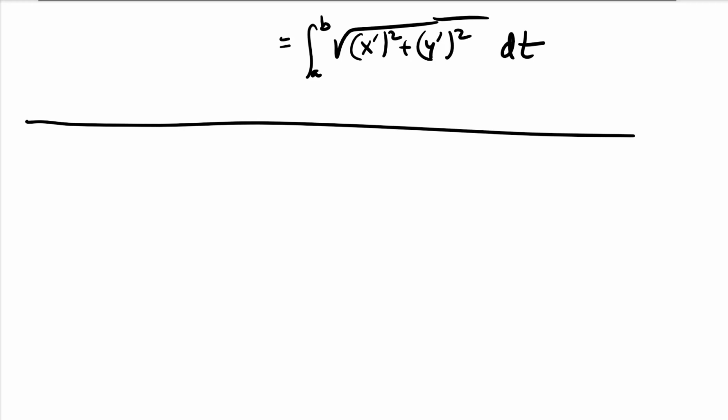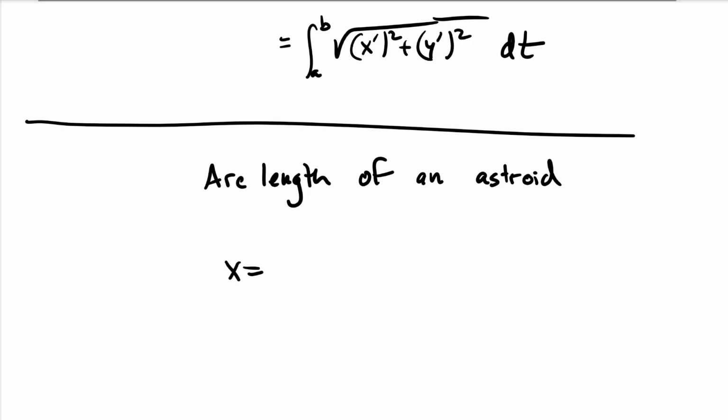Okay, let's do an example problem. Let's talk about an asteroid. Let's find the arc length of an asteroid. Maybe not the asteroid you're thinking of. Where x is equal to some number, I don't know what that number is.